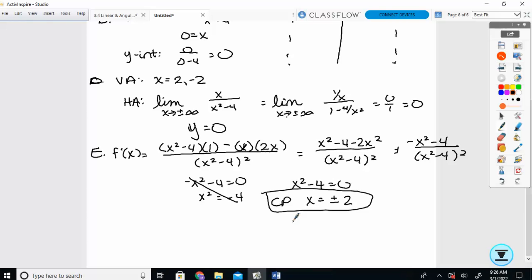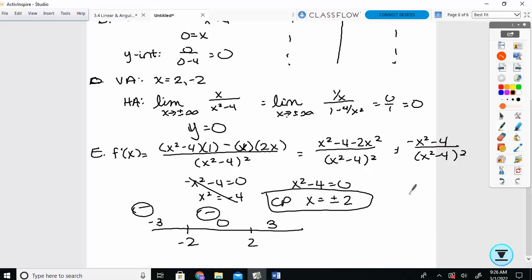So then what do we do to find increasing, decreasing? Make our sign line. So we do our test points. If we plug -3 in here, the top would be negative, the bottom's positive, so that's negative. Put in a 0, negative over positive is still negative.